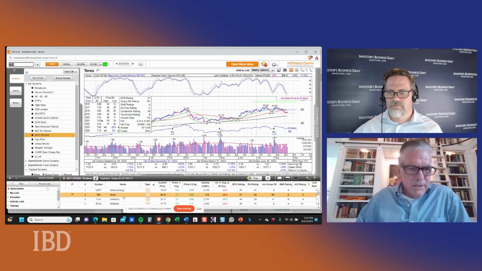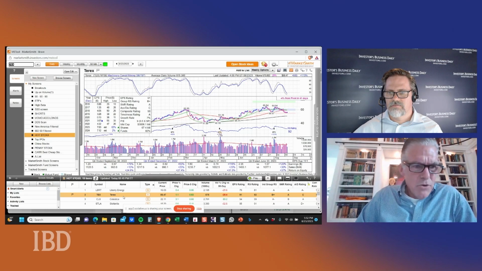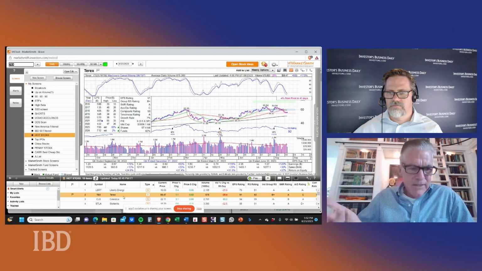So this scan will highlight stocks that are very much in favor with the market right now. And we're taking a short-term view on their forward momentum. And when that momentum wanes, we'll be out. As I said before, there are ways that we use to determine that. So I'm not worried.